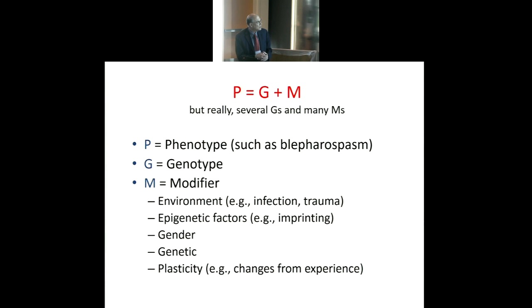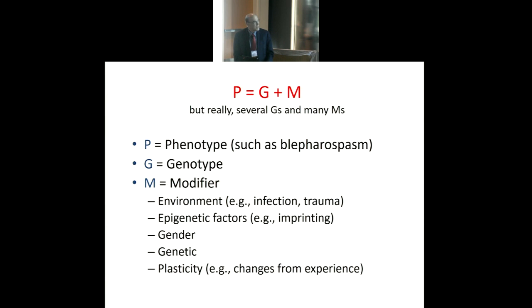The brain is a very plastic organ of the body. That is, it changes all the time. And different factors can lead to those changes that go on in the brain. And I'll point that out to you in a little bit about its importance, particularly in relation to blepharospasm and other forms of dystonia.